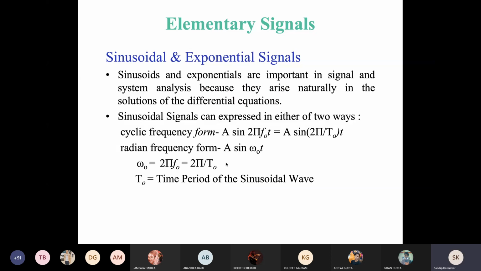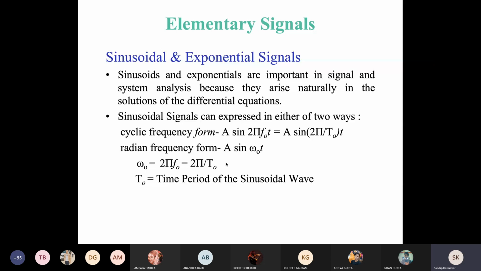Now, the most elementary forms of signals you will find are sinusoidal signals and exponential signals. Sinusoidal signals are expressed in the cyclic form as A sin 2 pi f0 t, where f0 is the frequency and T0 is the period. That is equivalent to A sin (2 pi by T0) t.